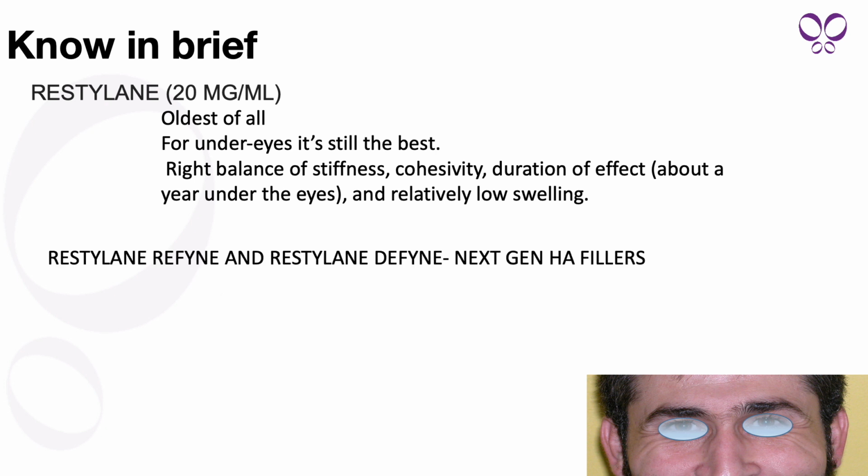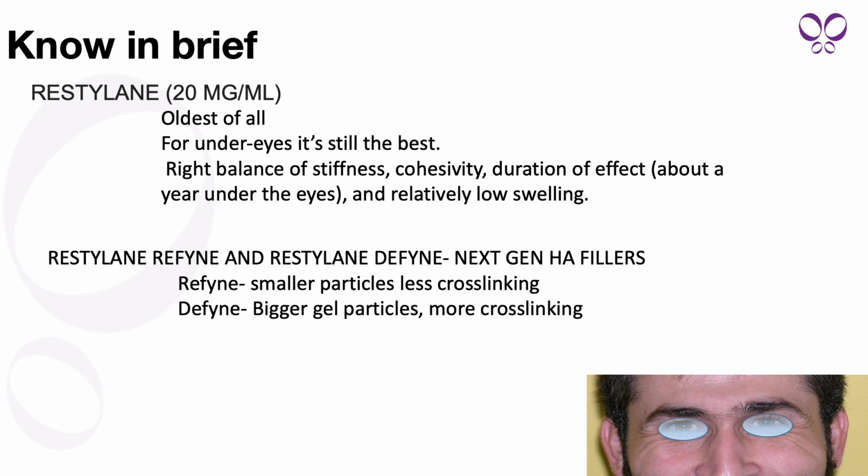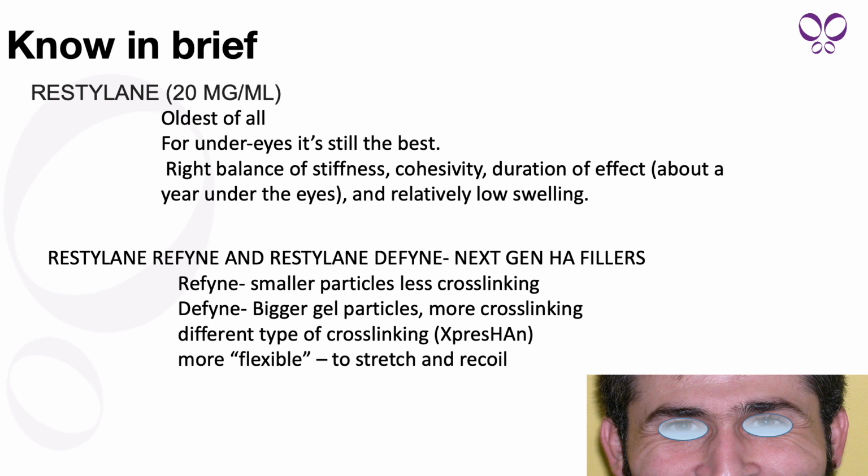Now Restylane Refyne and Defyne are next generation hyaluronic acid fillers. Refyne has smaller particles with less cross-linking. Defyne has bigger particles with more cross-linking. And of course the cross-linking here is slightly different. It is XpresHAn.